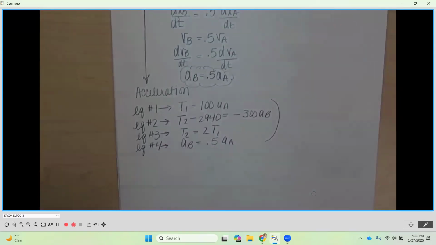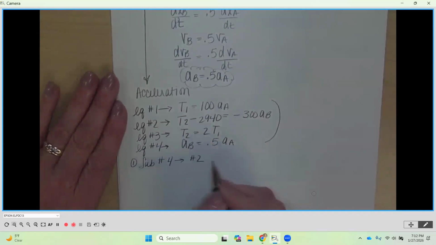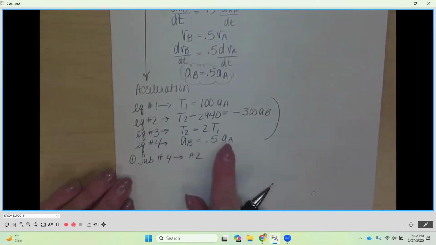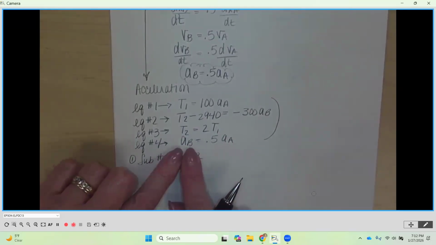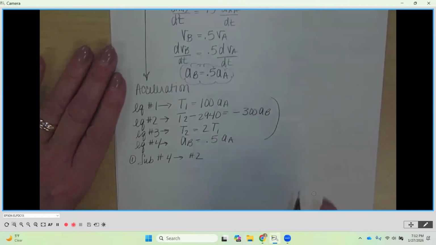I don't know if there's one approach that you can take, but I'll tell you how I did it, rather than trying to do the different iterations back and forth. The first one that I did, I subbed number 4 into number 2. I took number 4 where I saw the AB and I put it up into number 2.